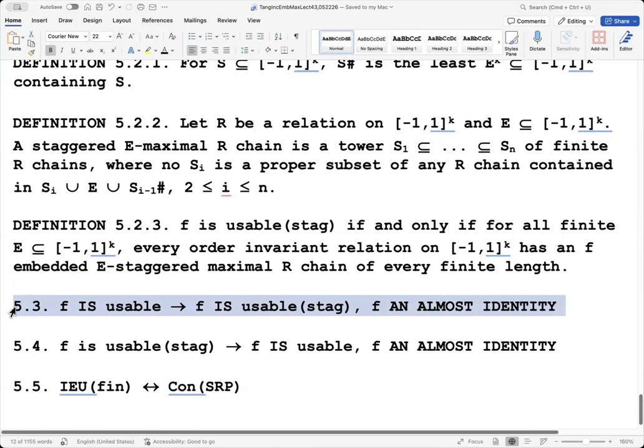An almost identity function is a function whose set of non-fixed points in its domain, the set of points that are moved, is finite. And all of the functions whose usability is so strong are almost identities.